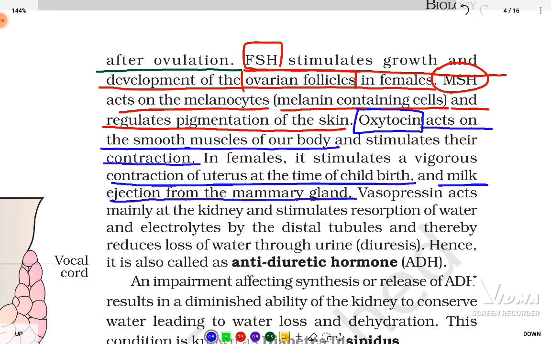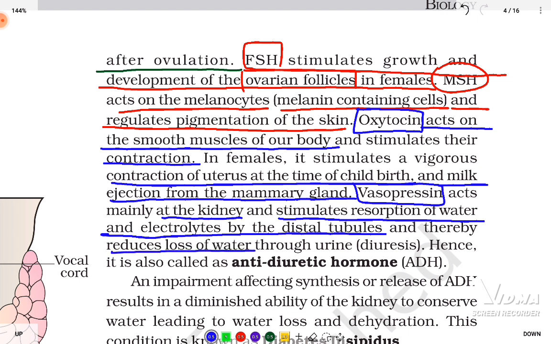Okay. Next, we are going to study about vasopressin. Vasopressin acts mainly at the kidney and stimulates reabsorption of water and electrolytes by the distal tubules, that is, the distal convoluted tubules, and thereby reduces loss of water through the urine.